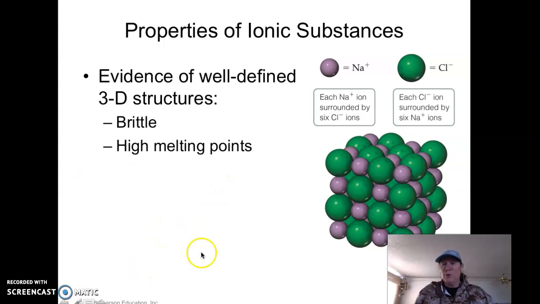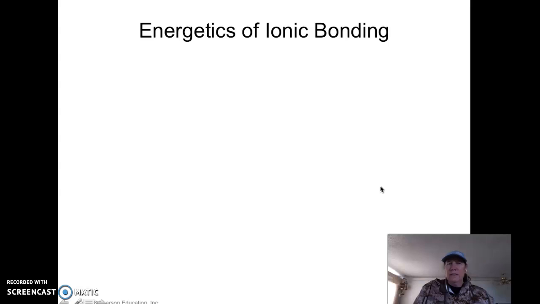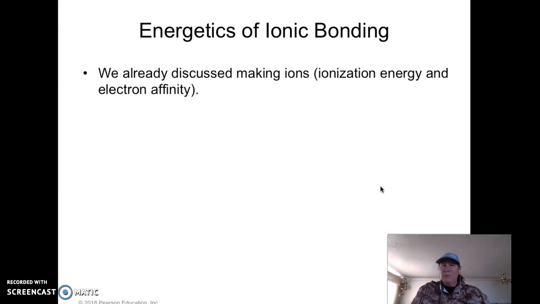If you try to melt salt, like with a burner or whatever, it's not going to happen. Okay, they're crystalline. They have the same exact structure. If you ever get bored, you can look at salt crystals. They all look the same. When they cleave, that means when you break them into parts, they have places for them to break up. Okay, so that's what happens with an ionic bond.